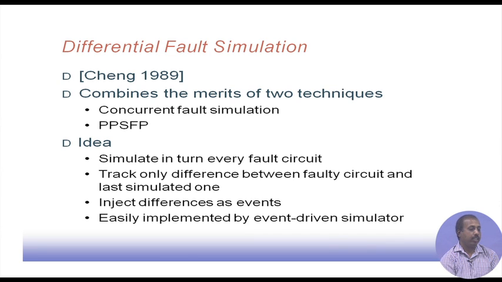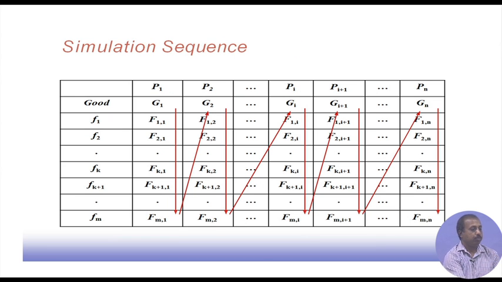So, concurrent and parallel pattern single fault propagation techniques. First, for the good circuit, we simulate patterns P1, P2 up to Pn. For P1, G1 is simulated, then we insert fault F1, and it finds the faulty responses for every fault. This is done using a parallel pattern simulator.